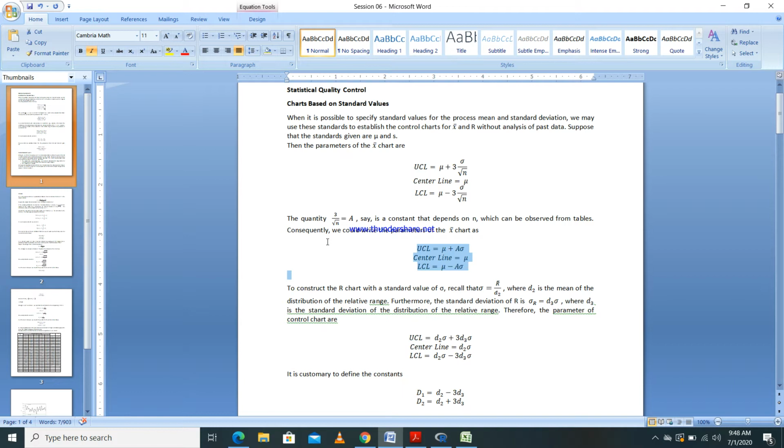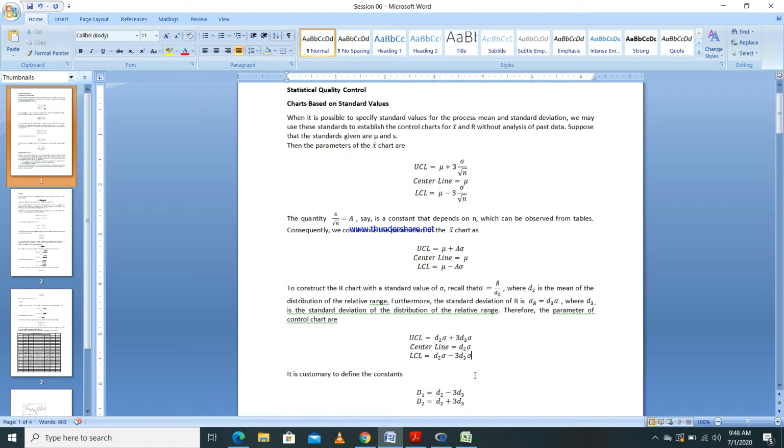So that is when you are constructing your R chart when the population standard deviation and population mean are known. Using the factors, you can take the center line as d2 times sigma, the upper control limit as d2 sigma plus 3 times d3 sigma, and the lower control limit as d2 sigma minus 3 times d3 sigma.